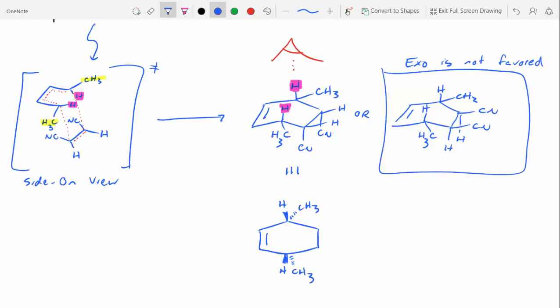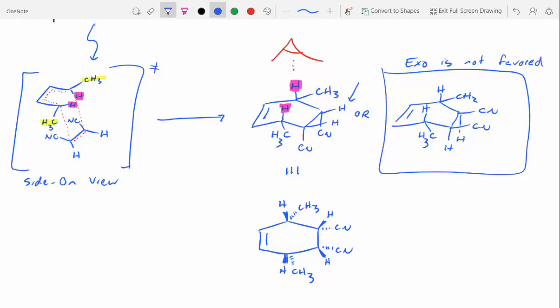And then if we go over here, these protons, are they going to be closer to our eye? Should they be wedges, or are they further away? Should they be dashes? Closer. So we want to draw these as wedges, and the CN groups. So if we look at this, this would be our major Diels-Alder product for this reaction.